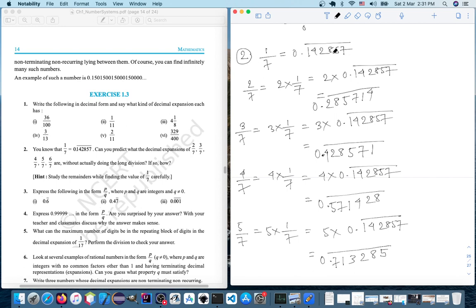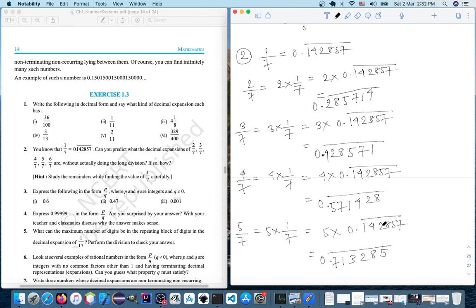Over here the number of digits in the repeating block of digits is 6, so it is less than 7. And also notice that the digits occurring in the repeating block, which are 1, 4, 2, 8, 5, 7, will also occur in the decimal expansions of 2 by 7, 3 by 7, 4 by 7, 5 by 7.